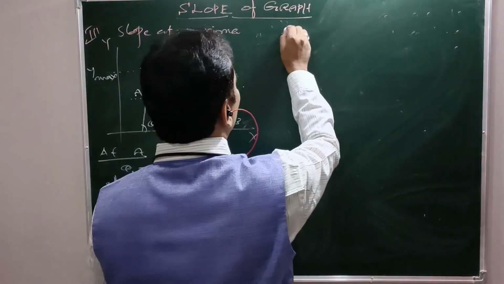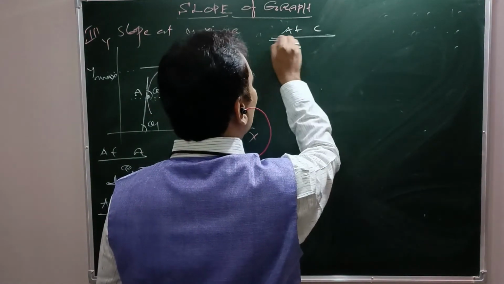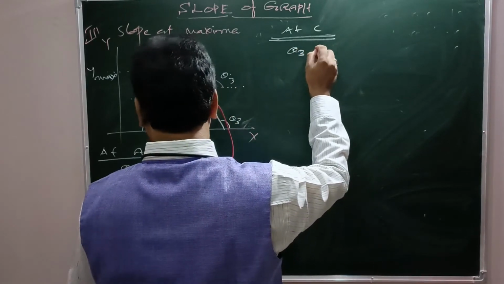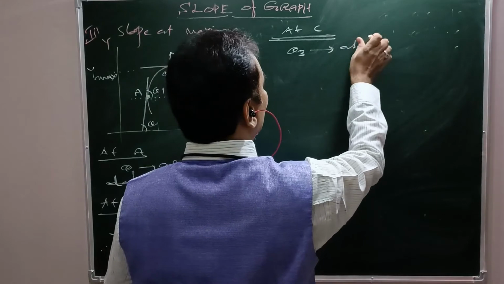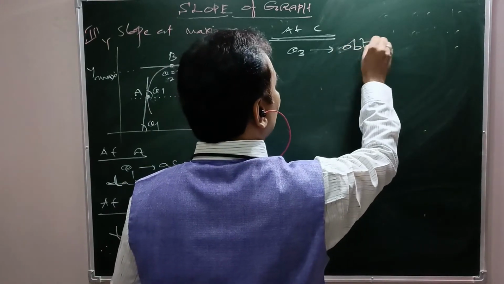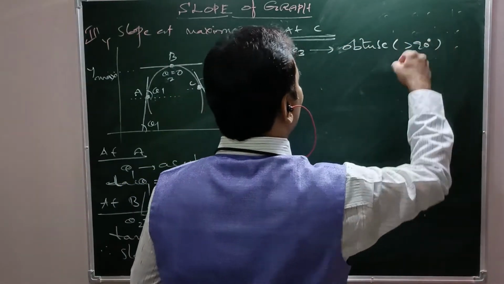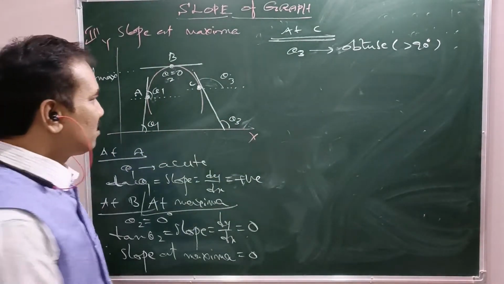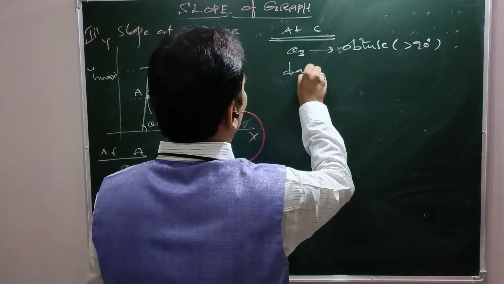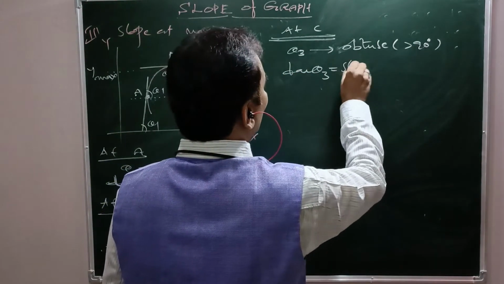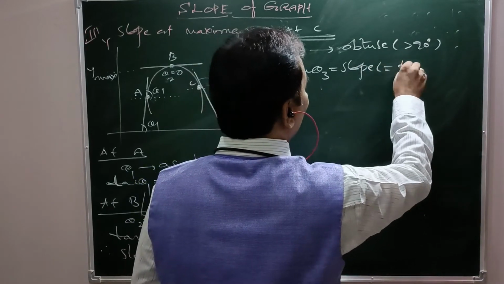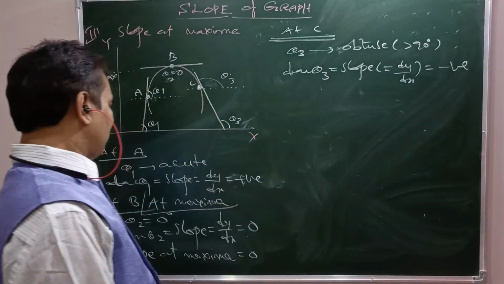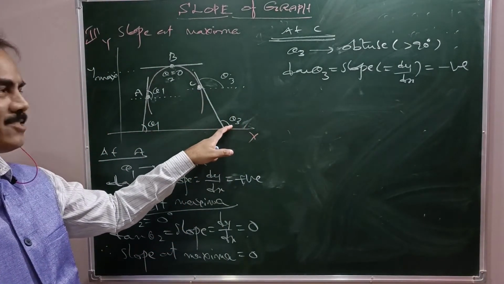Means at point C, theta 3 is obtuse, greater than 90 degrees. Tan of an angle greater than 90 degrees becomes negative. So tan theta 3 equals slope, that is dy by dx, is negative. Am I right? Tan of more than 90 degrees is negative.